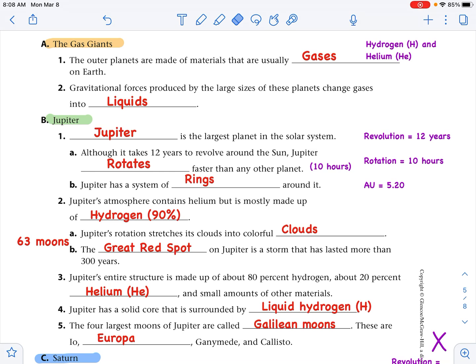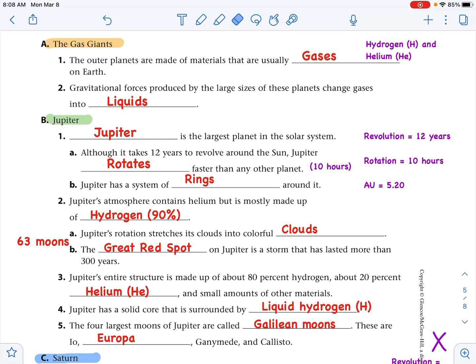Jupiter's atmosphere contains helium, but is mostly made up of hydrogen, 90%. Jupiter's rotation stretches its clouds into colorful clouds. The great red spot on Jupiter is a storm that has lasted more than 300 years.